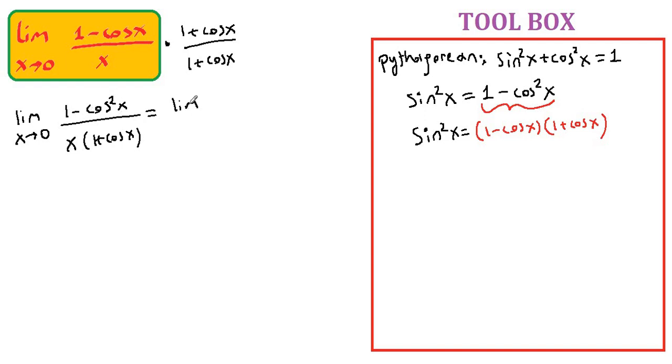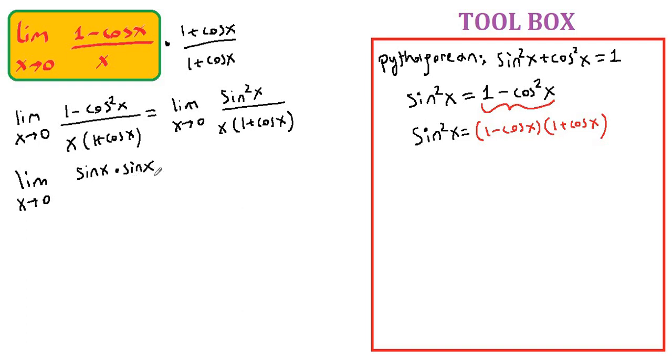So the limit as x approaches 0 of sine squared of x over x times 1 plus cosine x. Now here we have two factors of sine x times sine x. So let's separate it. So the limit as x approaches 0 of sine x times sine x over x times 1 plus cosine x.